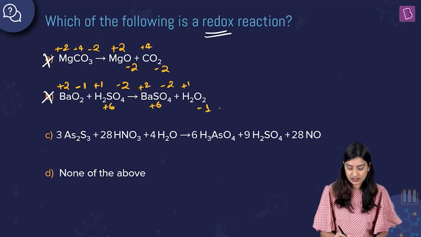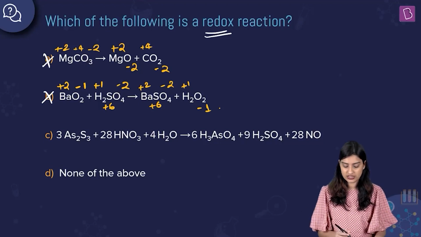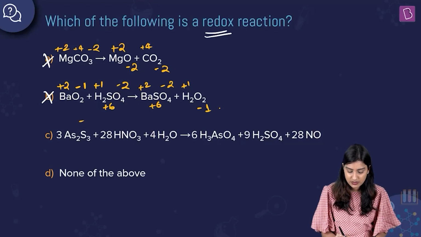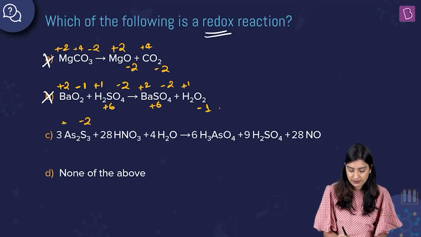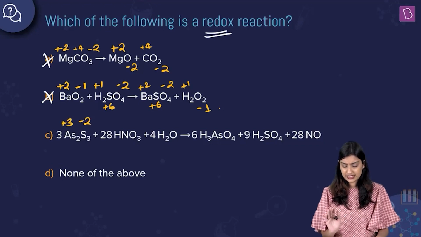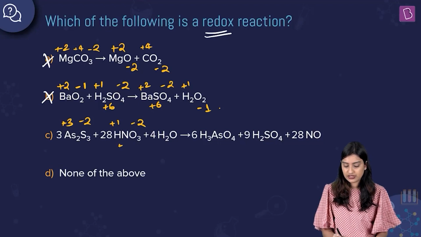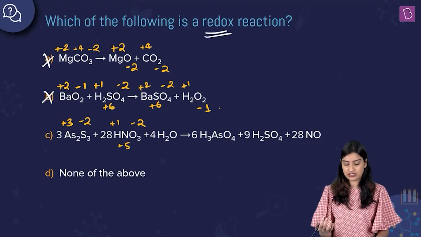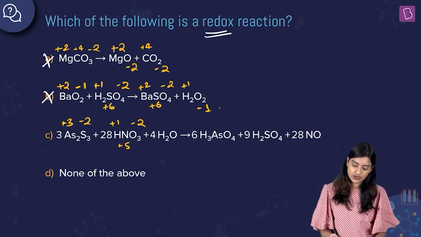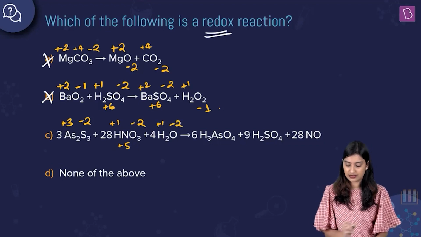Now you can see that by cross multiplication you'll get their oxidation states. So sulfur will be in -2, arsenic will be in +3. Correct? Then you have HNO3. So here you will have hydrogen in +1, oxygen in -2, and nitrogen in +5 oxidation state. What about H2O? Here you have hydrogen in +1, oxygen in -2.